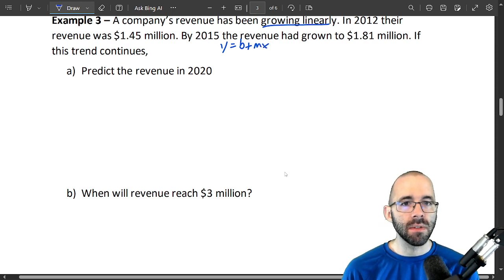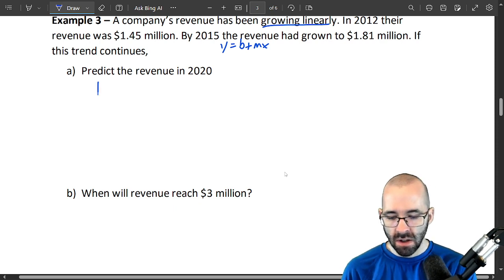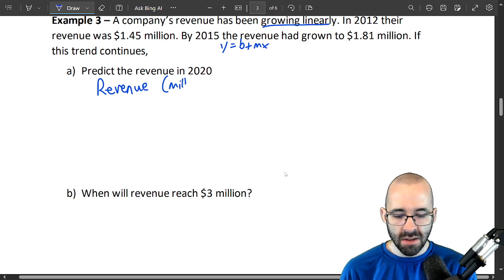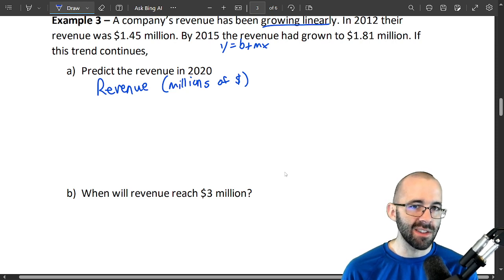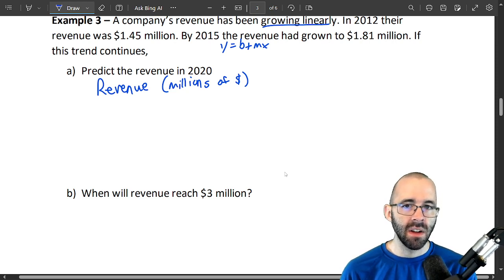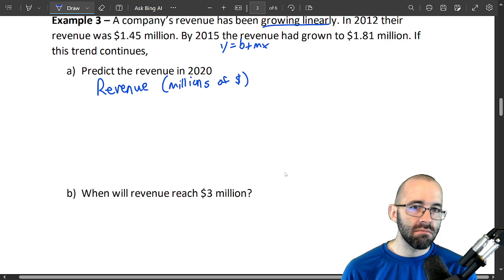What are our variables? Well, we're definitely looking at revenue. Let's say revenue, and be careful. Here, let's talk about revenue in millions of dollars. It's going to save us from drawing a bunch of zeros. And then what's revenue related to? Time.